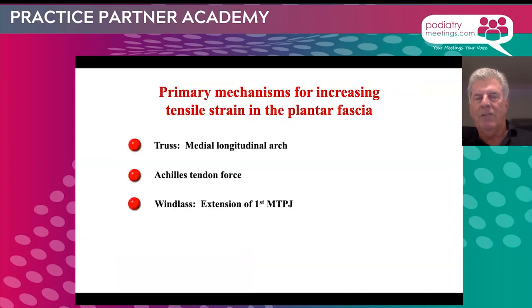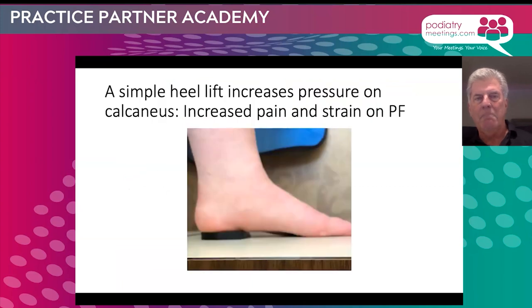Besides the Achilles tendon, the windlass, the extension of the great toe during the push-off phase of gait, also places significant strain on the plantar fascia. Now, placing a simple heel lift under the shoe, we know, increases pressure under the calcaneus, which is not desirable when the calcaneus is already inflamed and painful.